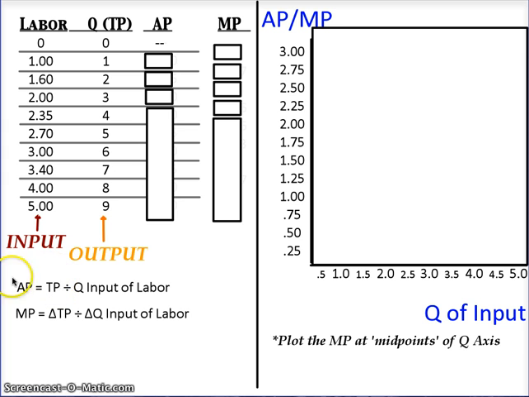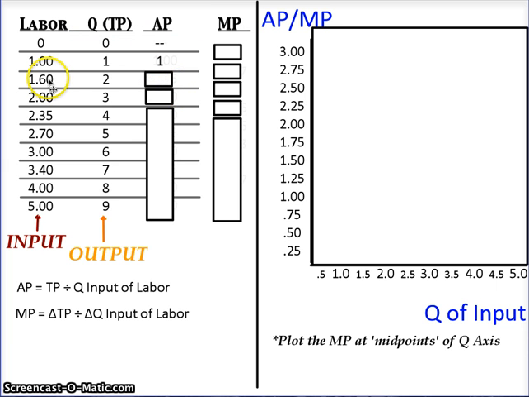All right, down here are your equations. Average product is total product divided by the quantity of input. Marginal product is the change in total product divided by the change in quantity of input. So if we do the math properly, when we calculate average product, total product divided by quantity of input: quantity of input is 1, total product is 1. 1 divided by 1 is, hey, look at that, 1.